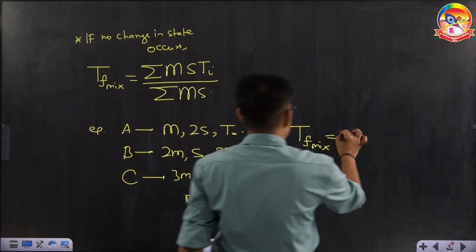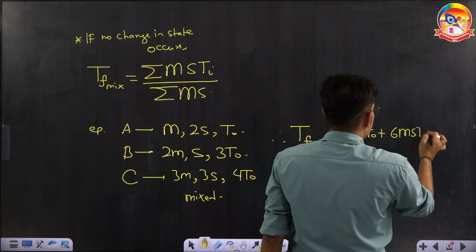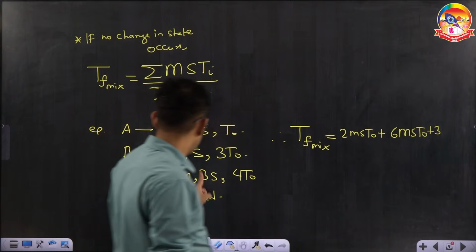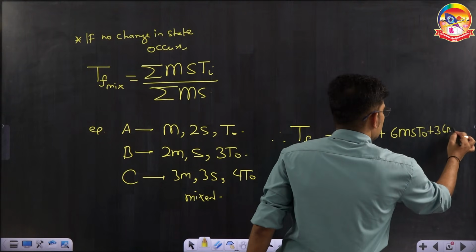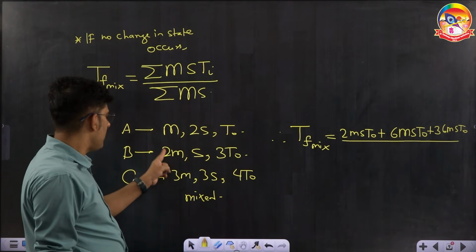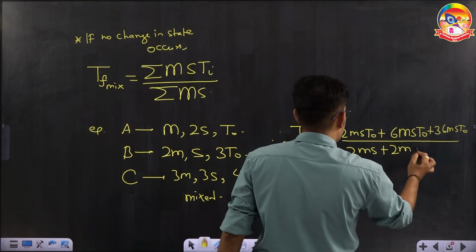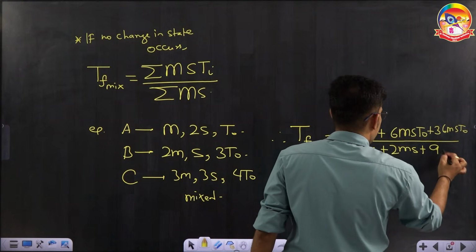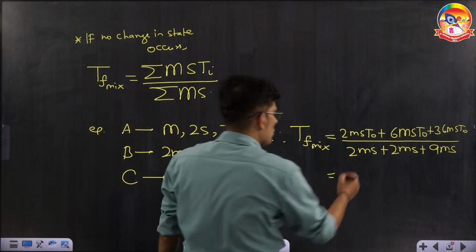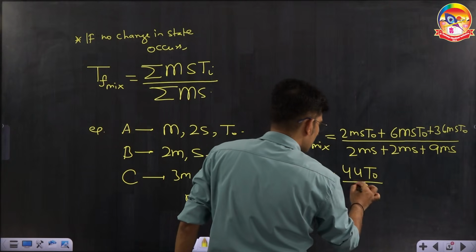First we have 2MS T naught plus 6MS T naught plus 4 3s are 12, 3s are 36 MS T naught, divided by the sum of MS: MS plus 2MS plus 3 3s are 9 MS. So all MS cancels. 36 plus 6 plus 2 is 44 T naught divided by 9 plus 2, which is 11, so 13.